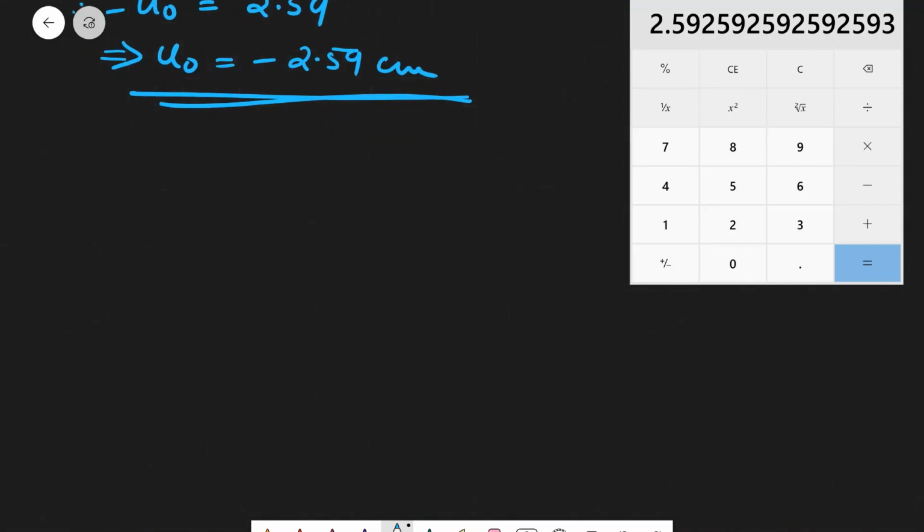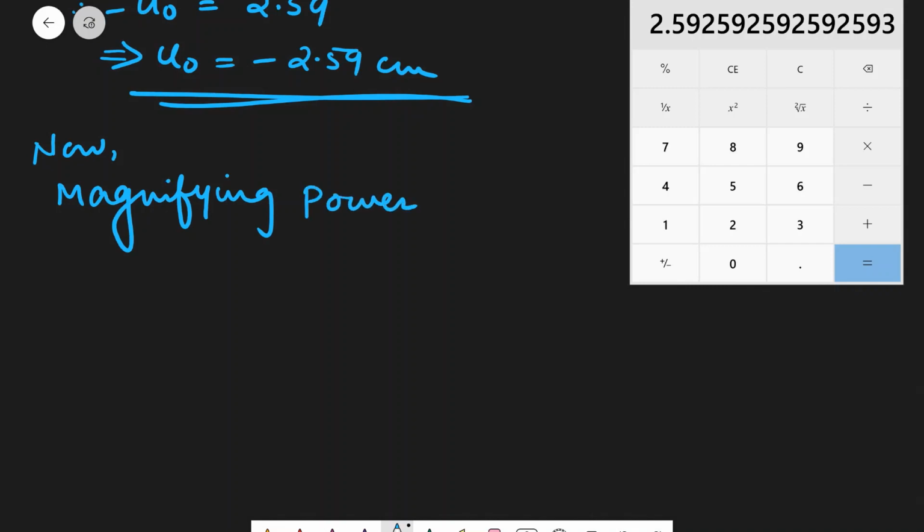Now the magnifying power, in this case, magnifying power M is defined as MO into ME, which is equal to VO by UO into ME is D by FE.